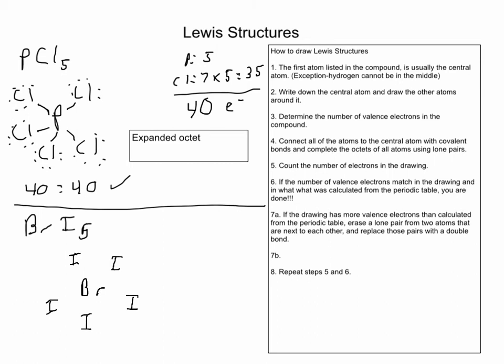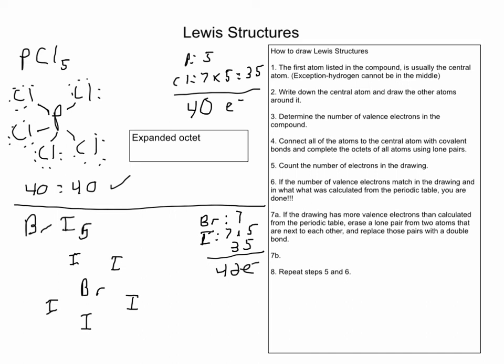If I count the total number of electrons from the table, bromine has 7, and the iodines also have 7, but there are 5 of them. So 7 times 5 is 35. 35 plus 7 is 42 valence electrons.